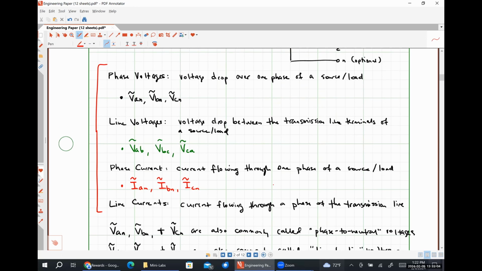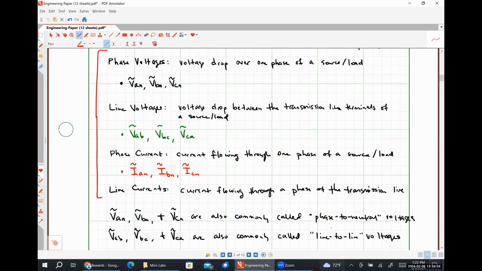I'm going to try not to use the terms phase to neutral or line to line at all so that it's always clear exactly what I am referring to. But in industry, you will very frequently hear the term phase to neutral or line to line voltages.